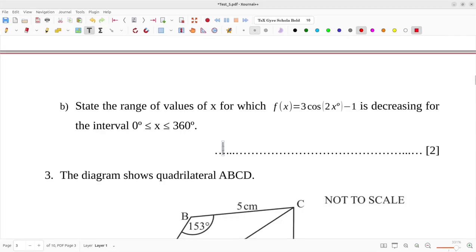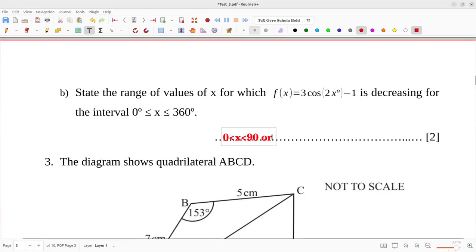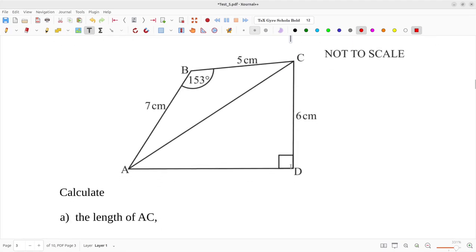This is when your x is from 0 to 90, or from 180 to 270. And that's the solution for this question.